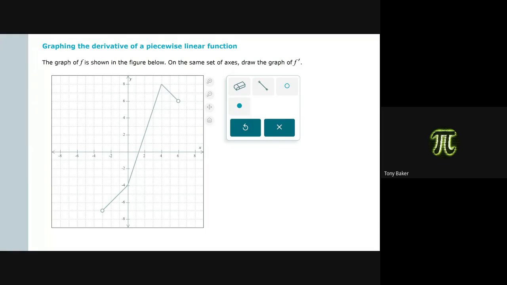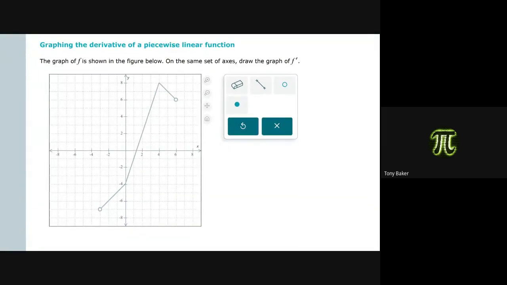So what is the slope down here? So what's the slope on that piece right there? And you can't see it, that's fine. Hold on. My pointer is not working.